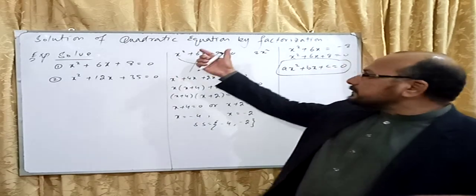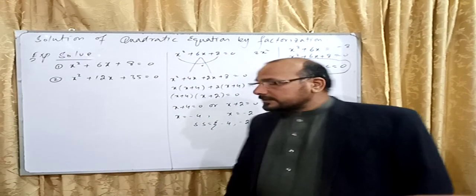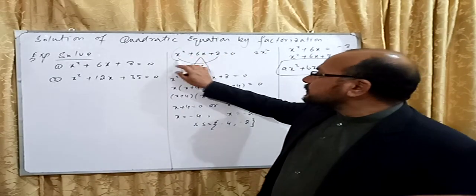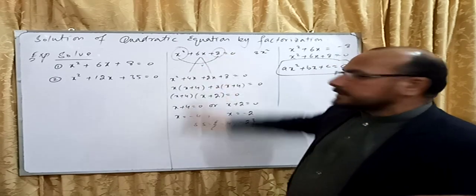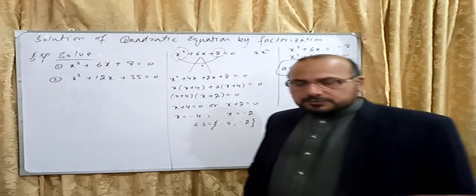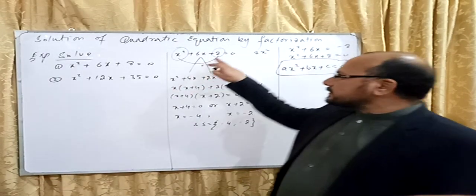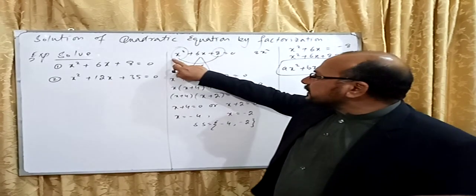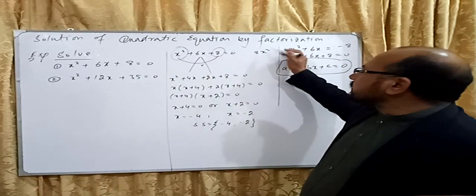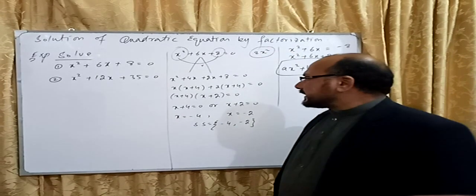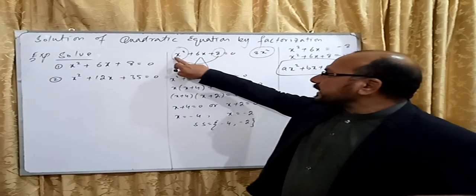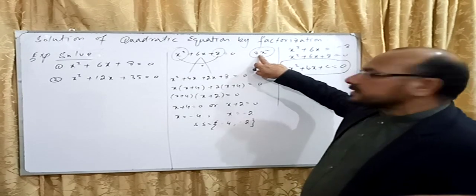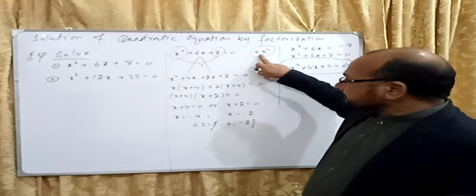So in case we have three terms, what will we do first? First you will multiply the square term with the constant term. After the multiplication of these two terms, you will write what it gives us: 8 multiplied by x square, so it's giving us 8x square.